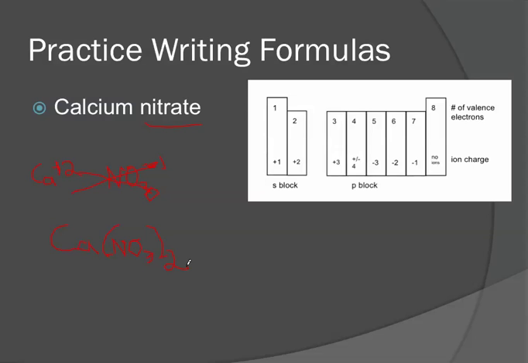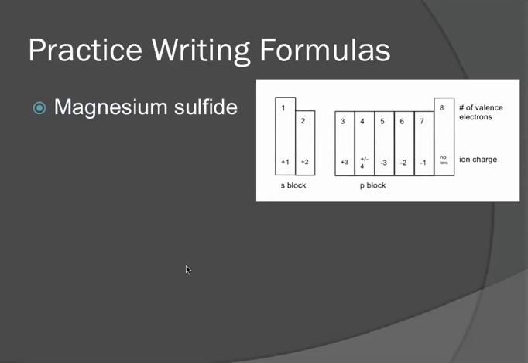Let's look at another example, magnesium sulfide. Magnesium is in group 2, so it has the ion Mg plus 2. And sulfur is in group 16, so it's S minus 2. So we drop and swap.